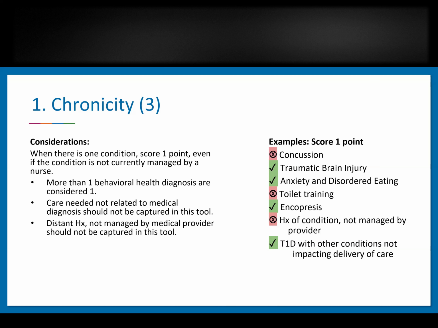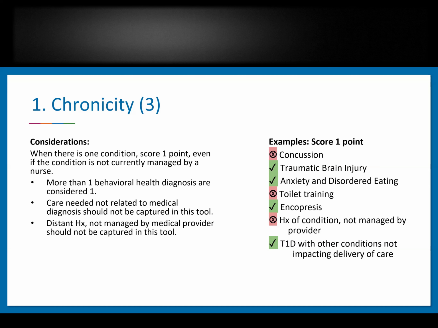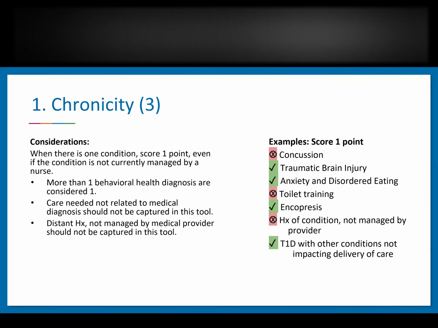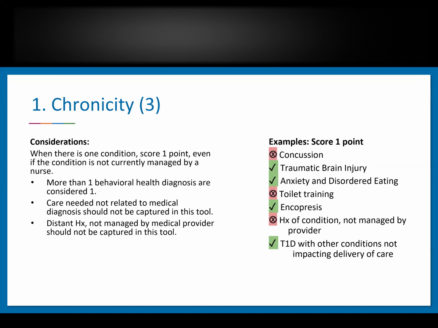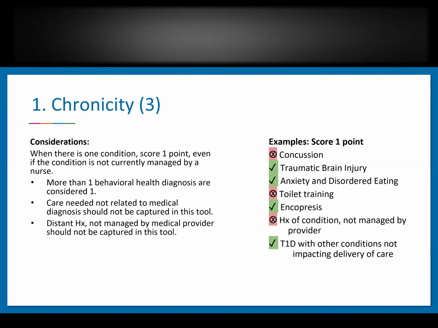A student who is complex with significant limitations, for whom the nurse only manages one condition and the other conditions are not comorbid. For example, a student with cerebral palsy, dyslexia, and type 1 diabetes, in whom the cerebral palsy and dyslexia do not complicate medical management of the type 1 diabetes, would score a 1 in chronicity.